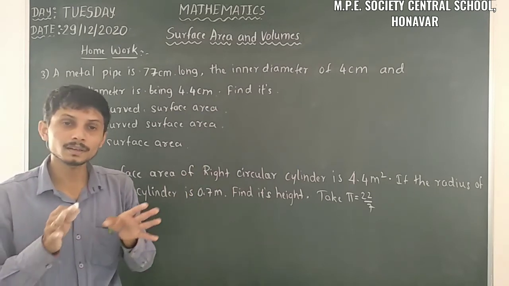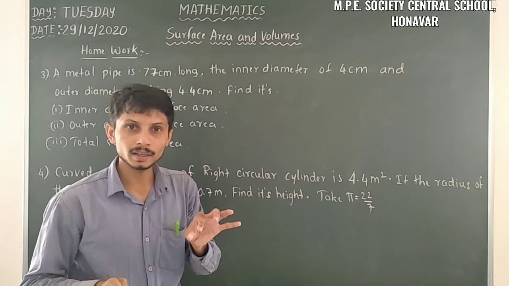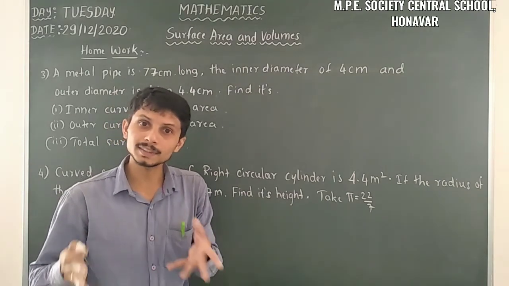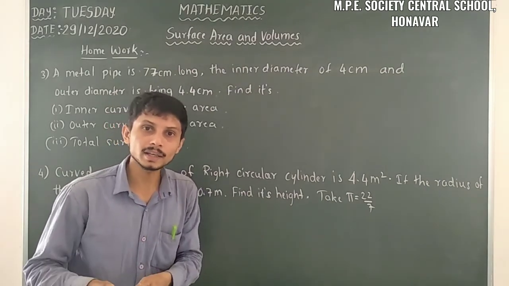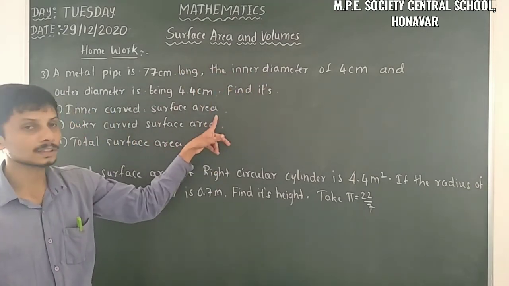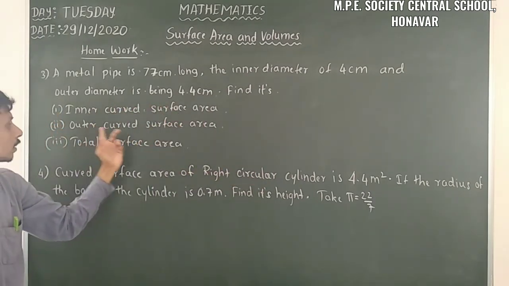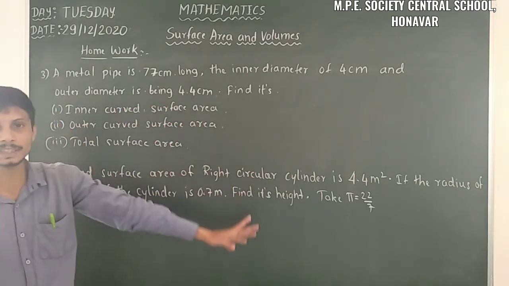So that means the metal pipe has some thickness, that's why the inner diameter and the outer diameter change. We have to find the inner curved surface area, outer curved surface area and total surface area.